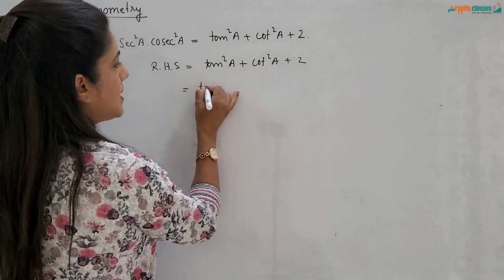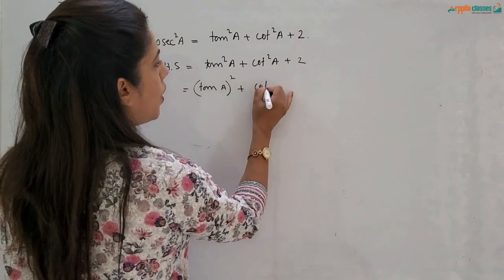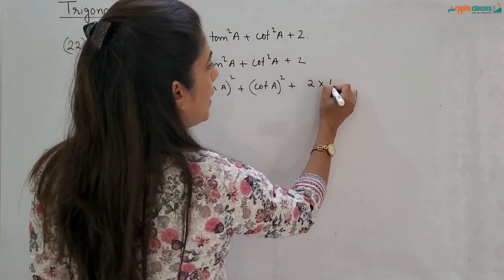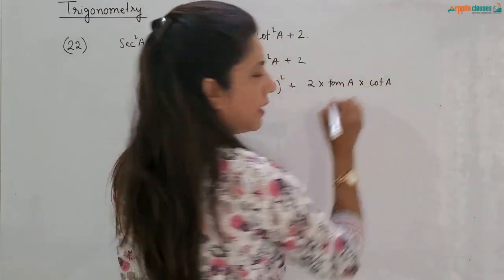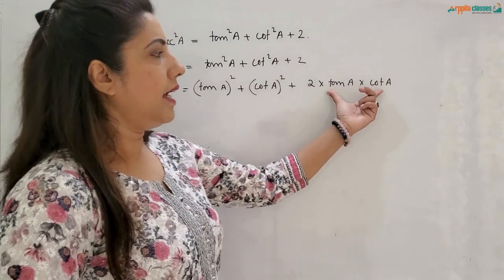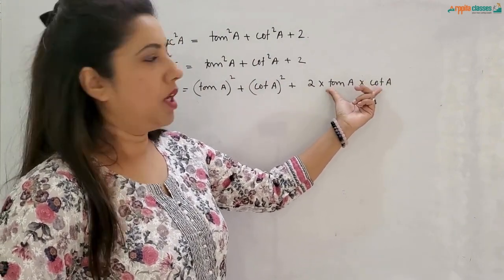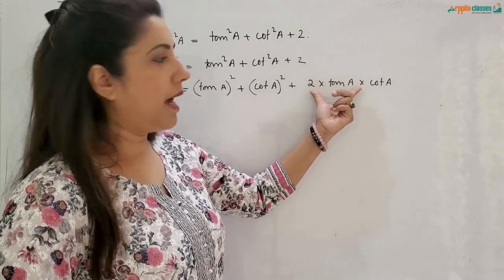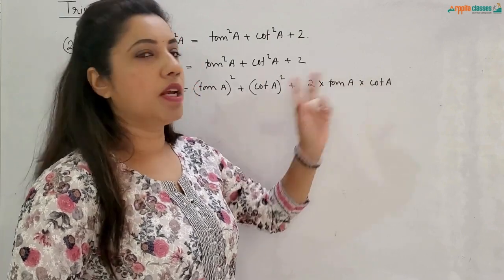So tan square A plus cot square A plus 2. I am writing it as tan A the whole square plus cot A the whole square plus 2 into tan A into cot A. Look, tan A into cot A is 1 because they have reciprocal relationship. So in place of 2, I am writing 2 into 1, and in place of 1 I am writing tan A into cot A, since tan A into cot A is 1.